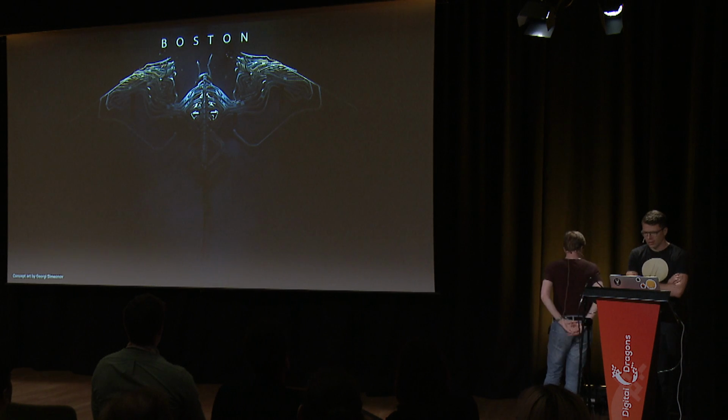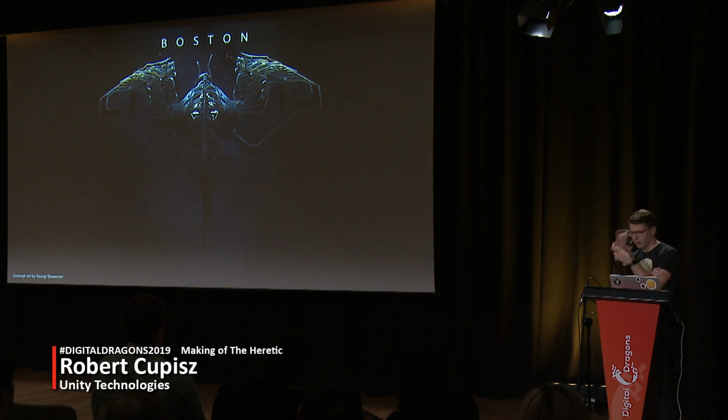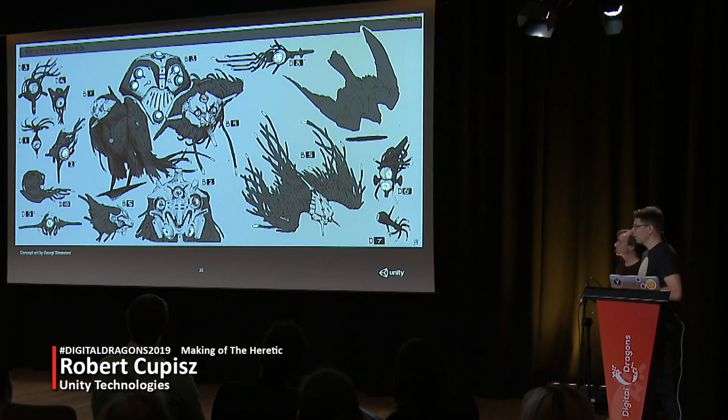All right, so this bit will be about the VFX-driven character. Let's start with the concept art drawn by our concept artist Georgi. From the beginning, it was pretty clear we wanted something like a mechanical robot built with tech that doesn't exist now.